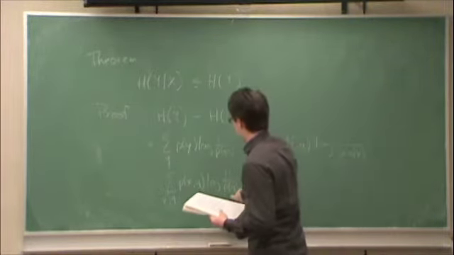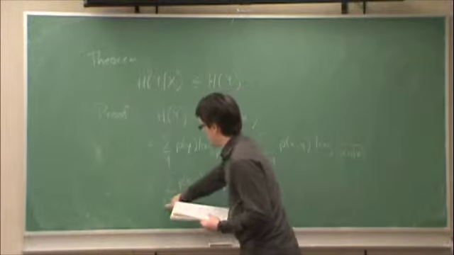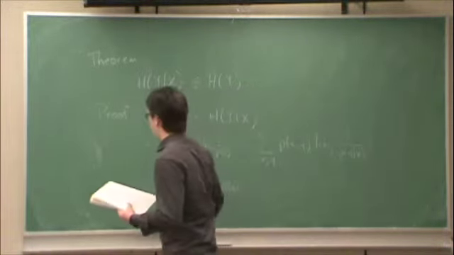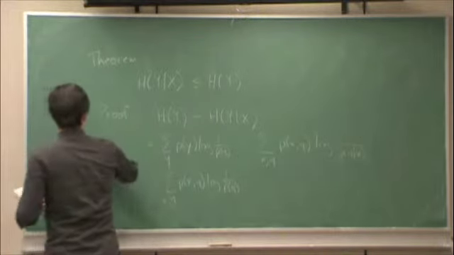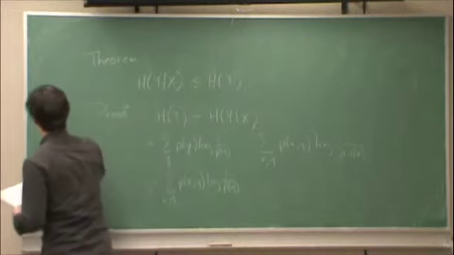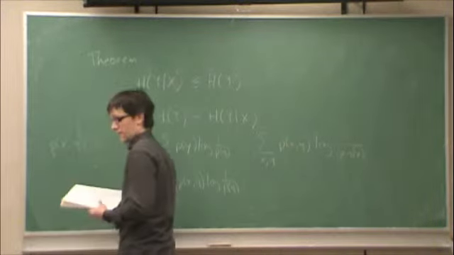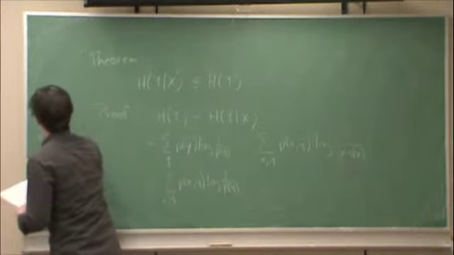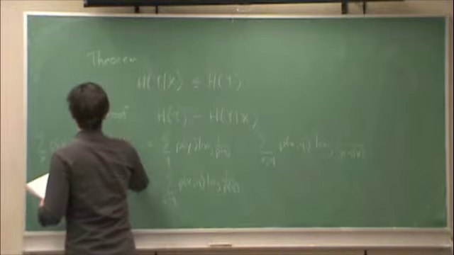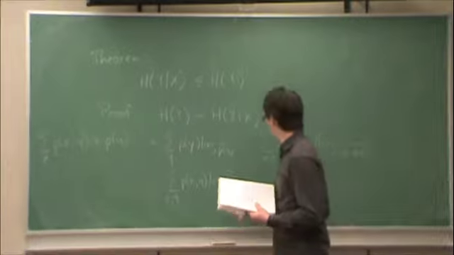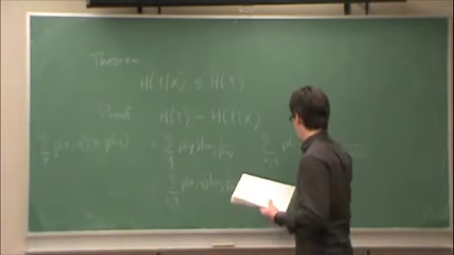Because this is not a function of x, summing over x here will just result in p of y. That's a property of probability, that if I have a joint probability density function p of x and y, and I sum over x, I just get the marginal probability of y. So this makes no difference. I can certainly do that.